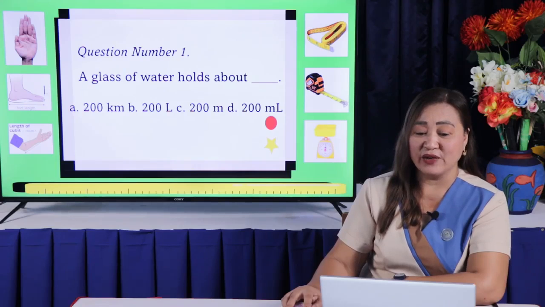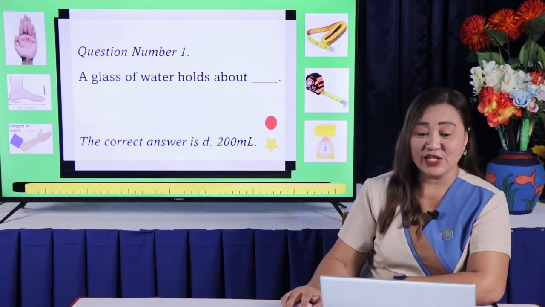A, 200 kilometers. B, 200 liters. C, 200 meters. D, 200 milliliters. The correct answer is D, 200 milliliters.